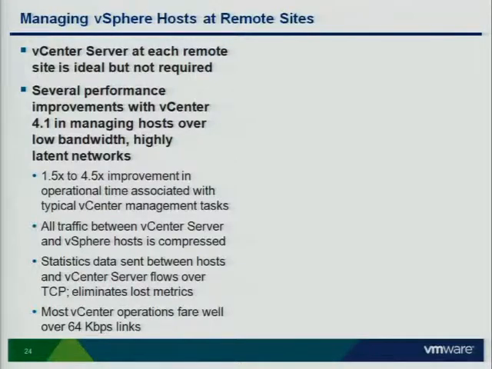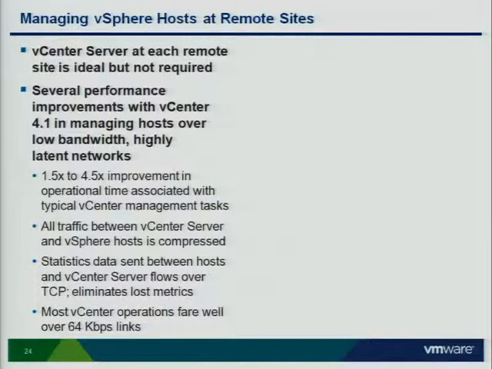Secondly, performance statistics. Prior to 4.1, they used to flow over UDP, so there was a possibility of losing some performance metrics. But now we have shifted to TCP, so you wouldn't lose any performance metrics going forward. In summary, we did a study around this.